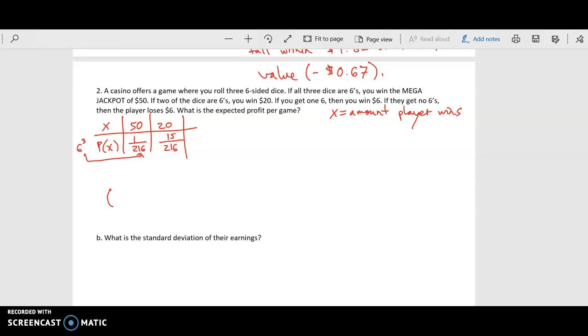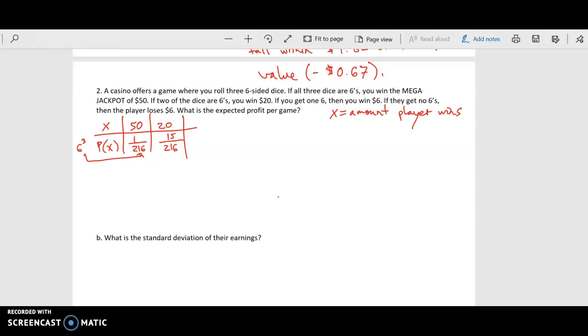You could have a 1, a 6, and a 6. You could have a 2, a 6, and a 6, and you can keep going like this, right? And list them out. But there are 15 different ways. Remember, you could also have a 6, a 1, and a 6. These are different rolls, right? So if you listed all those out, you'd have 15 out of the 216 where you had doubles.